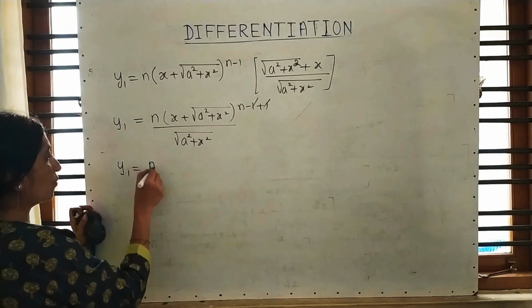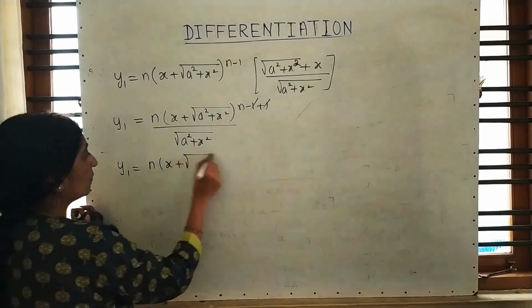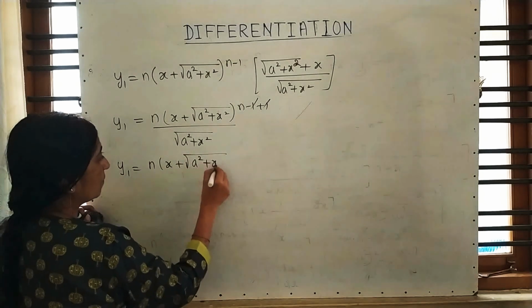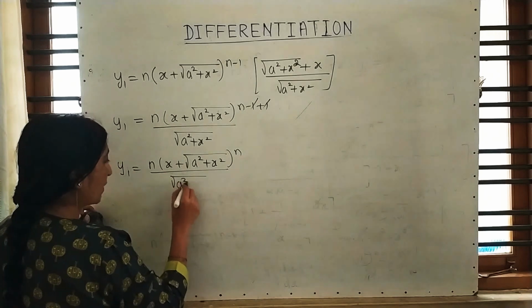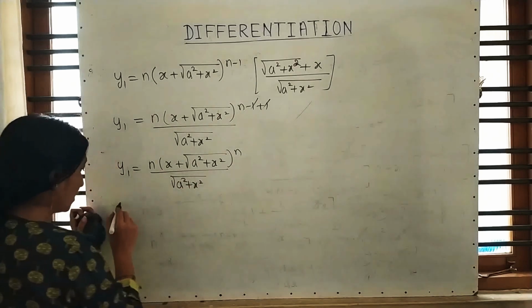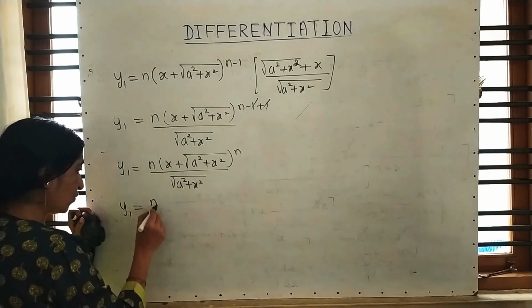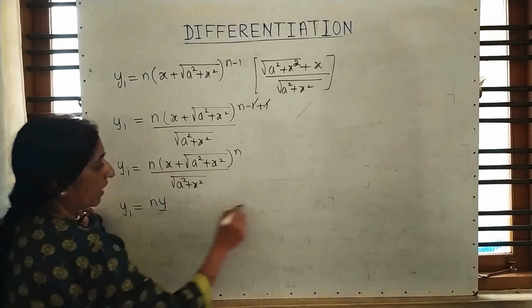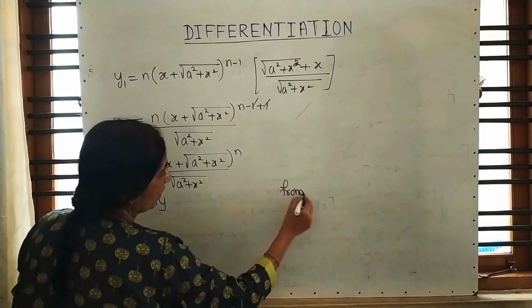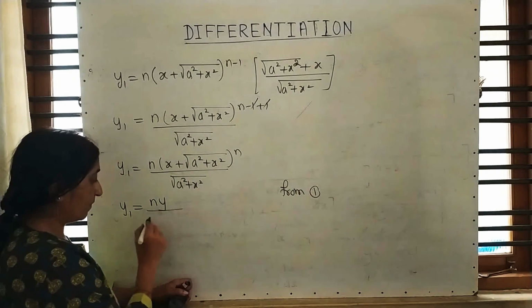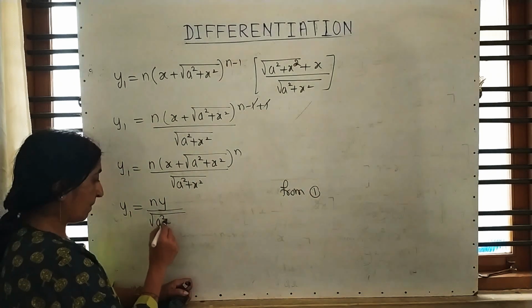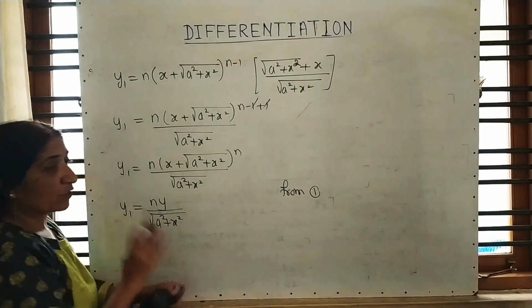y1 is equal to, this is n root of a square plus x square. Now I am writing y1 is equal to ny. This is y or what? From equation 1. Go back and see. Is it equation 1 or what? Yes. And in the answer we don't have the root.